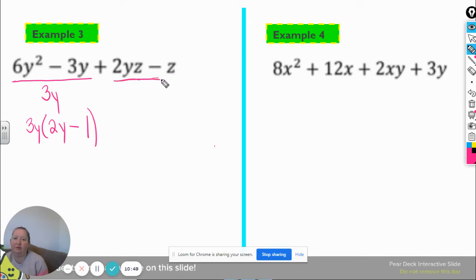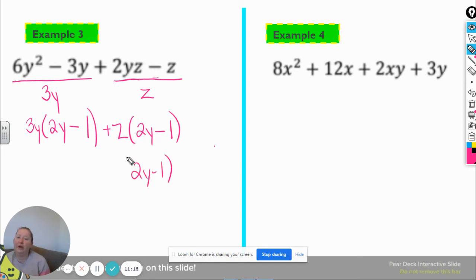Oh yeah, I was going to do it this way. What can I divide out of both of those terms? A z. Okay, and it's a positive z because I want this to be a positive 2y. So I say plus z, and then 2y is left over, minus 1. Oh, good. That's great. I got my twins. I know I'm doing it right.